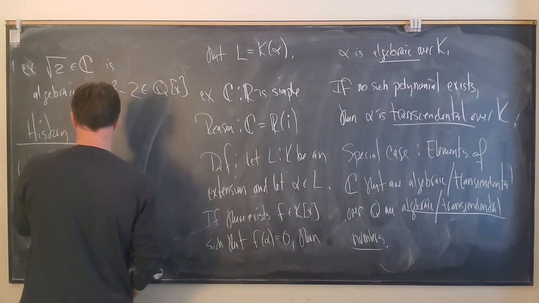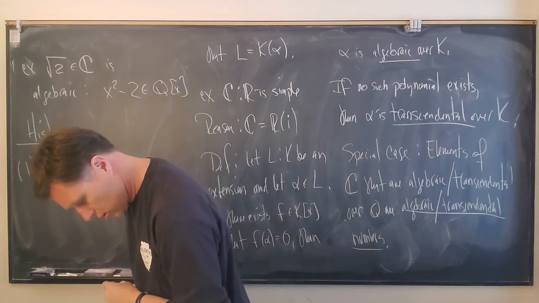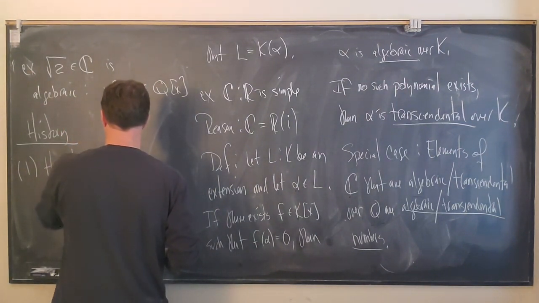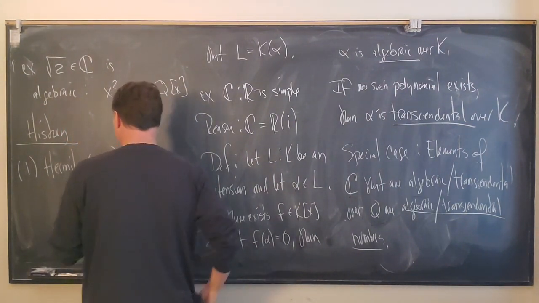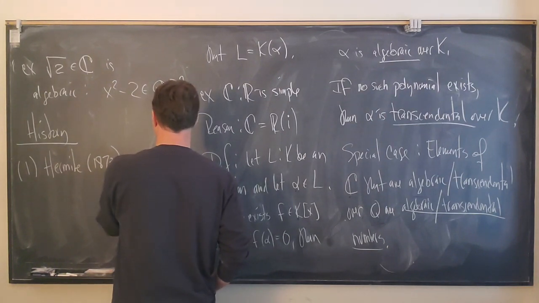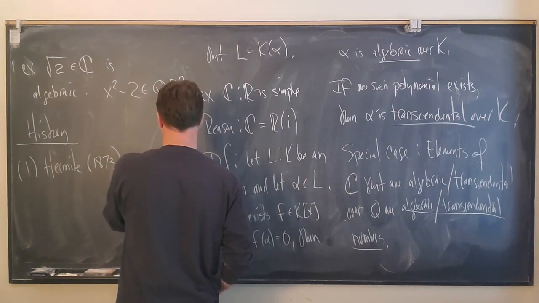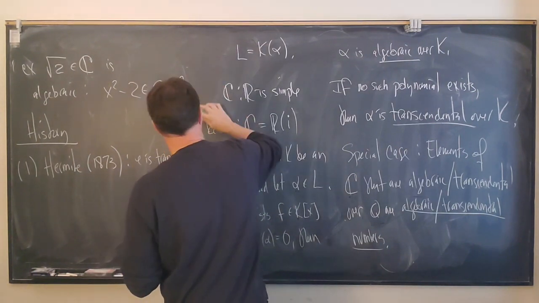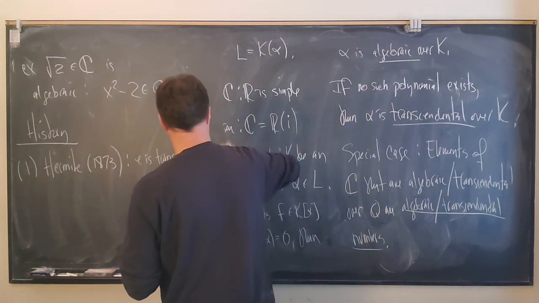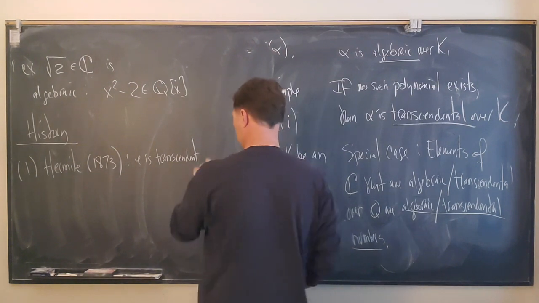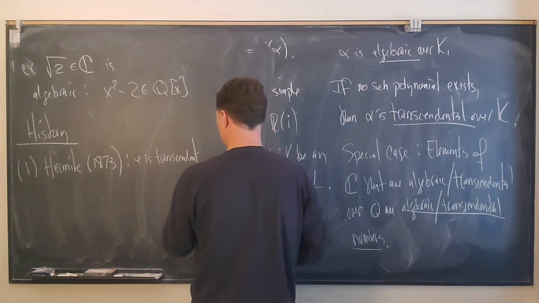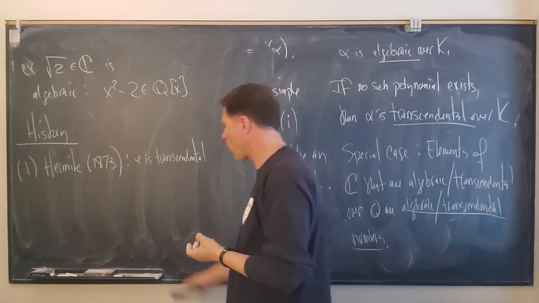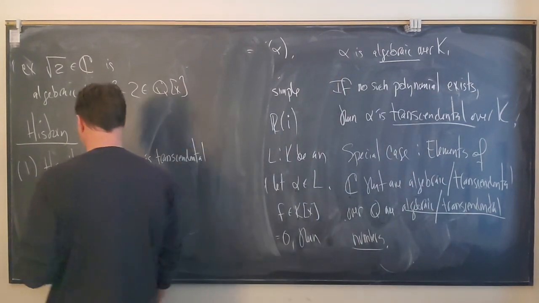In 1873, he proved that e is transcendental. So there is no rational polynomial for which e is a root. It's hard to prove, but it's true.